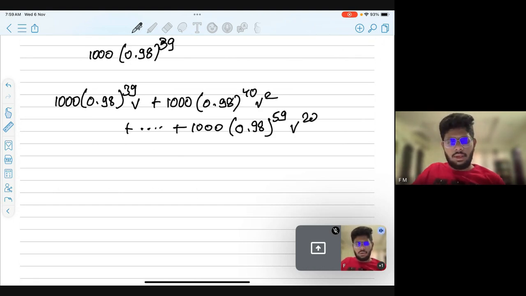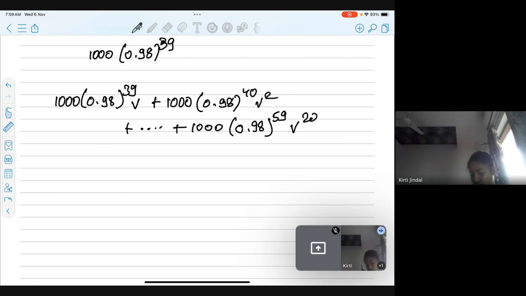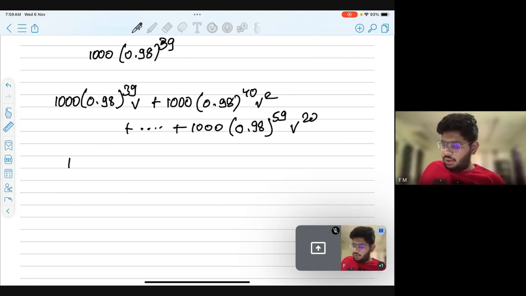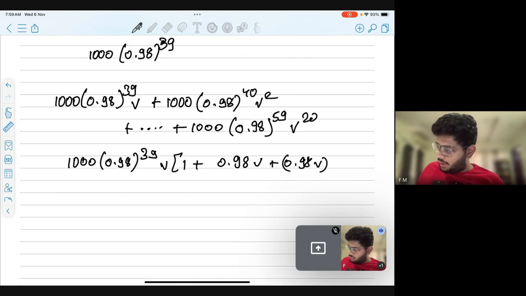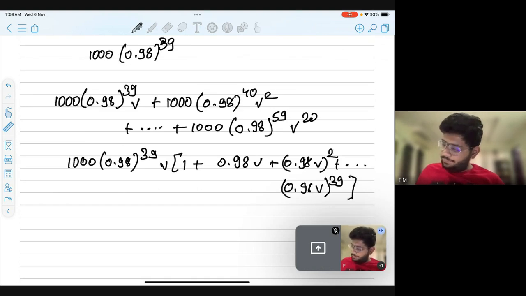This is what it will look like. So now how will it be 820? If I take out 1000 times 0.98 to the power 39, then this becomes 1 plus 0.98 v plus 0.98 v squared plus so on till 0.98 v power 39.